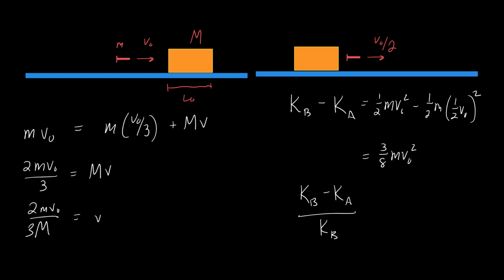So if we did that here, we'd get 3/8 m v naught squared divided by the original, which is 1/2 m v naught squared. Again, this would be the percent lost, and that's actually asked way more commonly than just how much energy is lost. So the m v naughts cancel out, and it looks like we're going to get 6/8 or 3/4 or 75% lost.